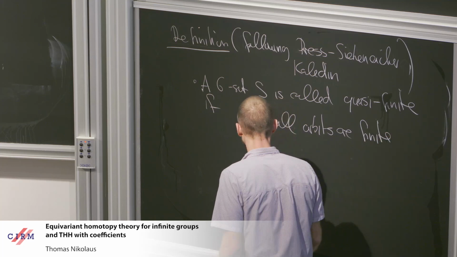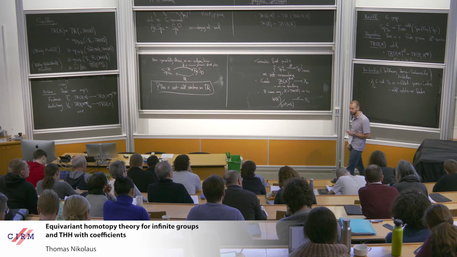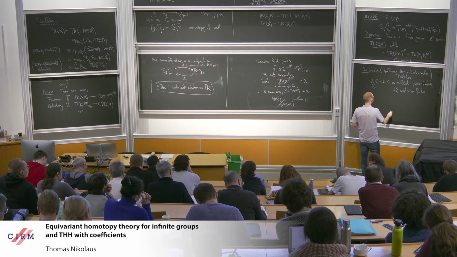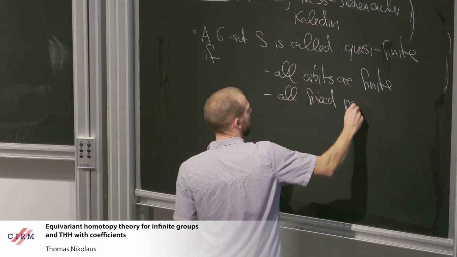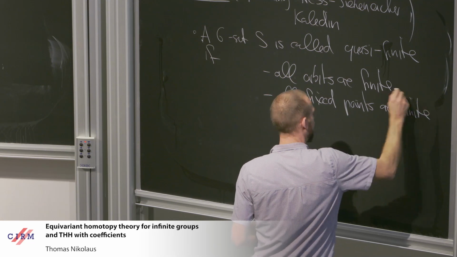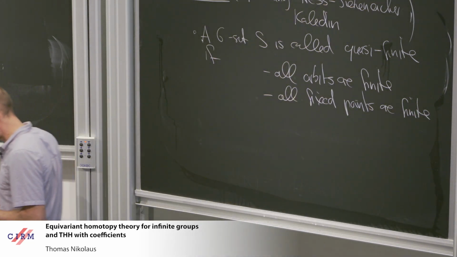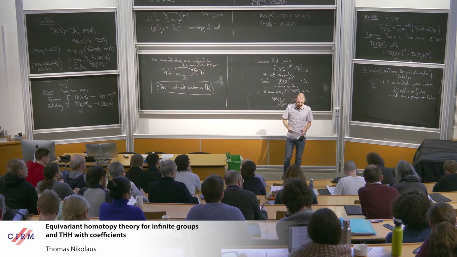Any G-set will decompose into orbits, and I'm saying all orbits are finite, or in other words, all isotropy groups are cofinite, and all fixed points are finite. That means there are only finitely many orbit types for each isotropy group.